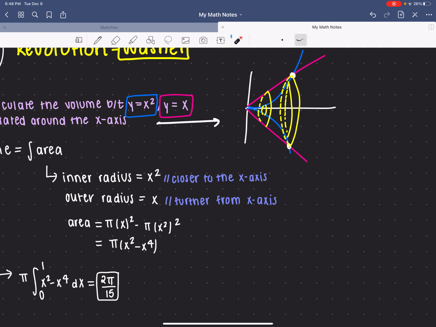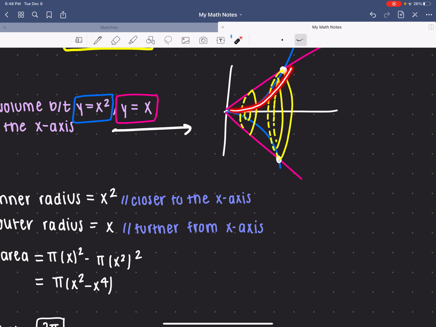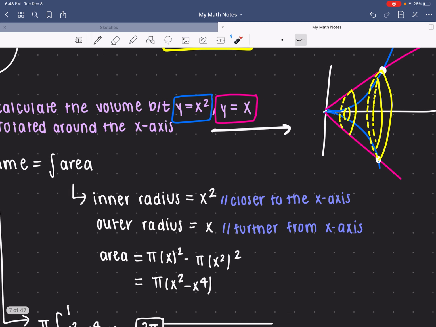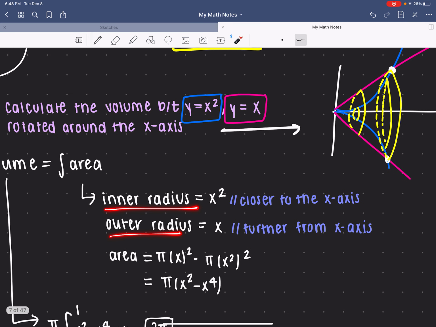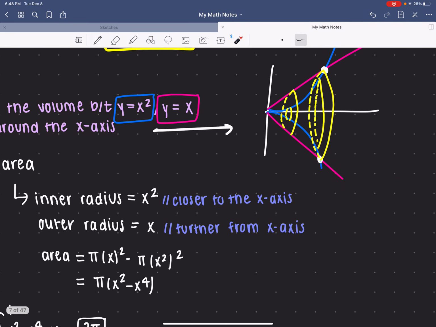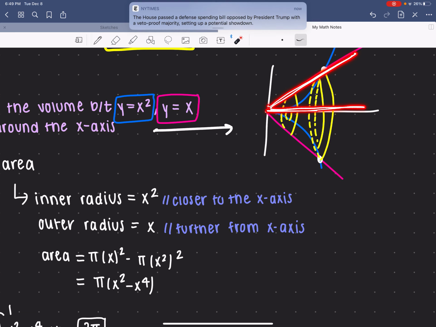So if we look at it, y equals x squared is closer to the x-axis than is y equals x. So that's our inner radius. Then we have to define our outer radius, which is the one further away from the x-axis. As we can see, y equals x is further away from the x-axis.